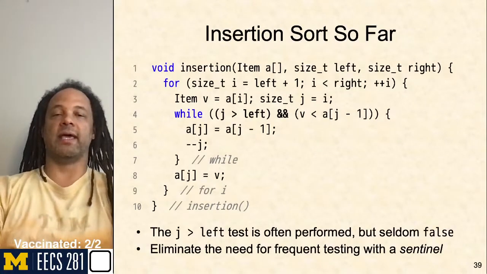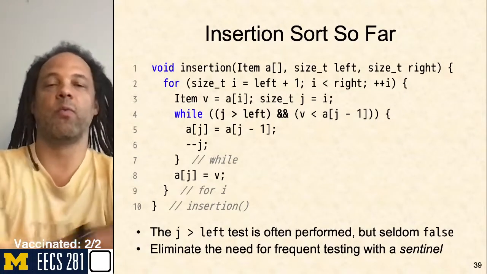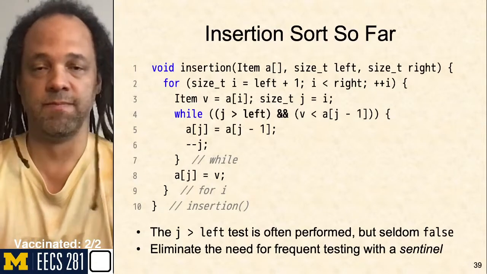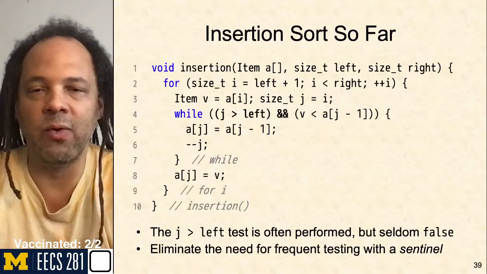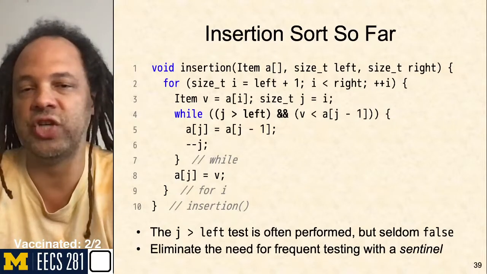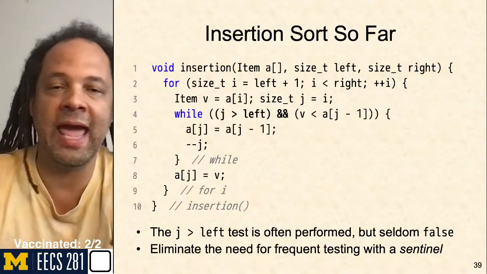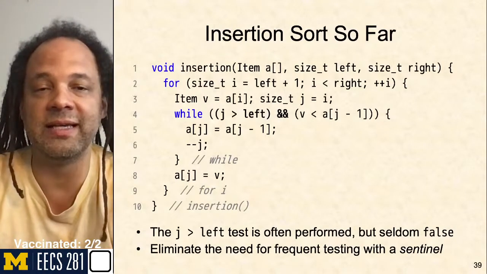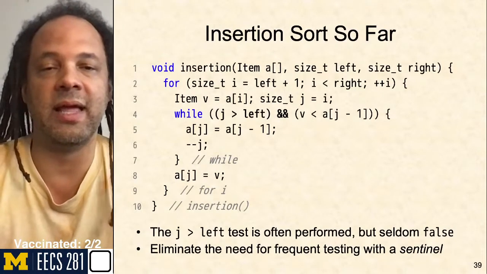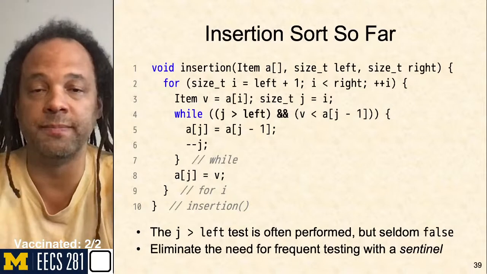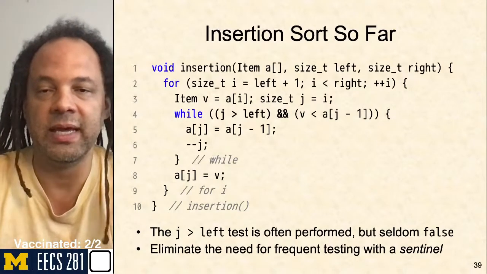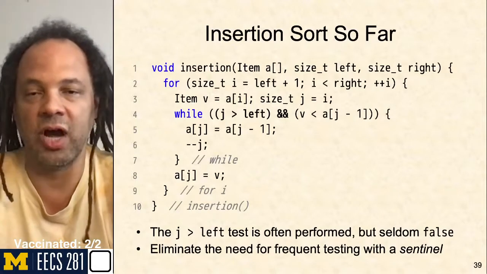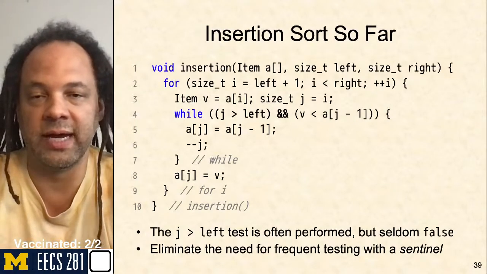This is what it looks like when I'm completely refactored with a while loop. The while, which is now my inner loop, says while j is greater than left and the value v is less than what's in a at j minus 1, I'm going to slide something over. That's what happens in line 5, and then we jog down 1 in line 6 with our decrement there.